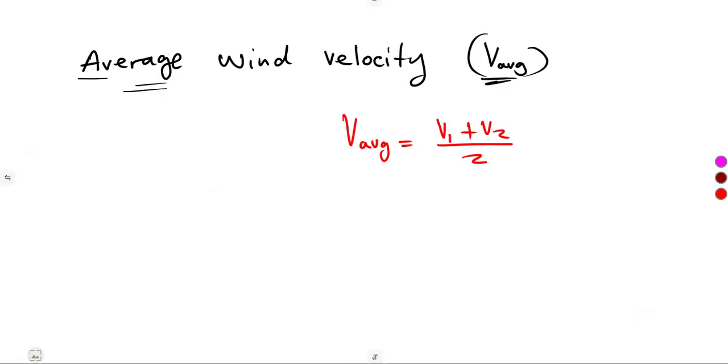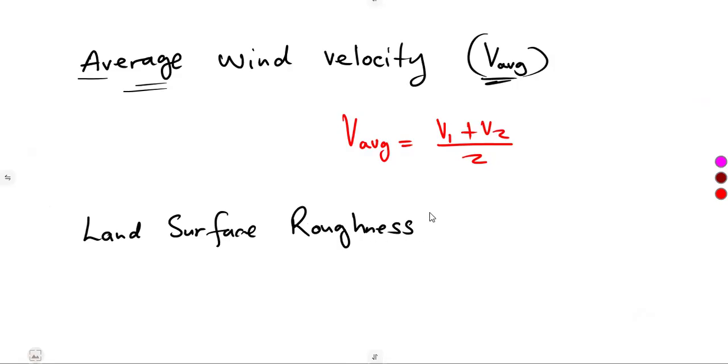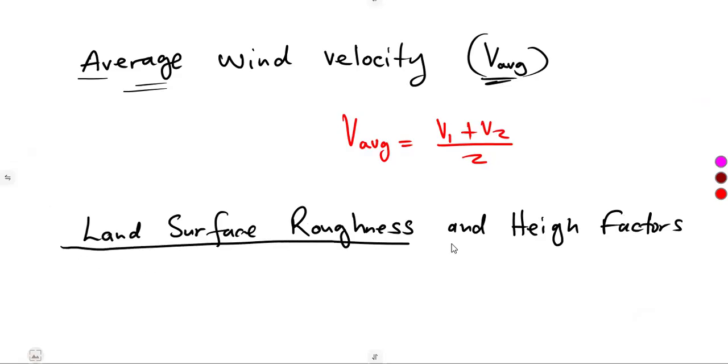All right? Whenever we are to consider the calculations of the velocity, let's consider this part of the land surface roughness and height factors. In this consideration, we are saying as we are to have a power plant, which is the wind power plant.